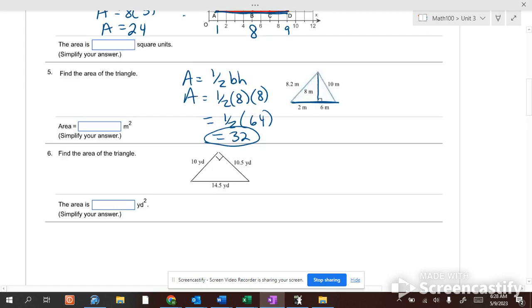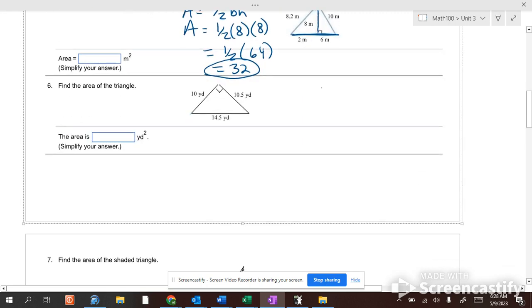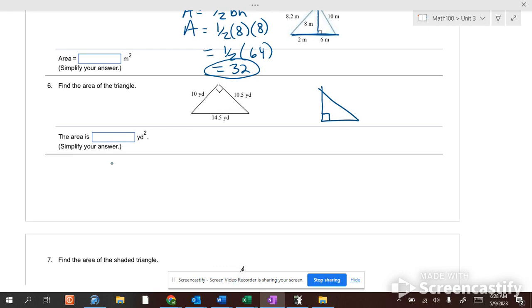For this one, number 6, we have to turn the triangle. We have to turn it like this, where once we turn it, this is 10, and this is like 10.5, and this is 14.5. Well, here's our base, here's our height, because base and height have to be perpendicular to each other.